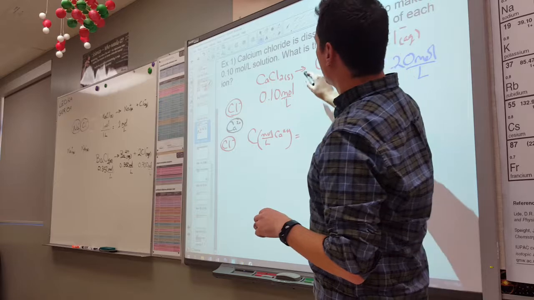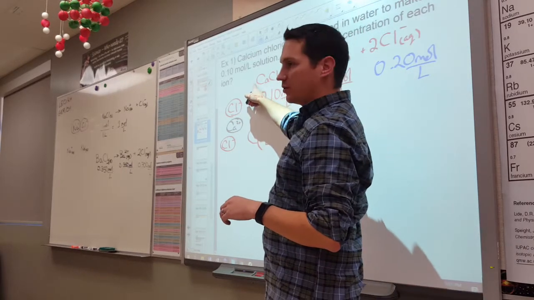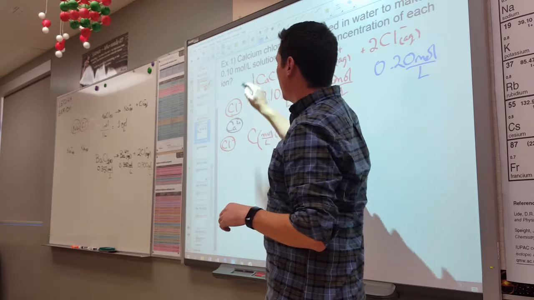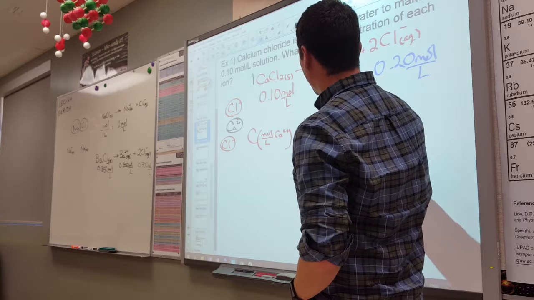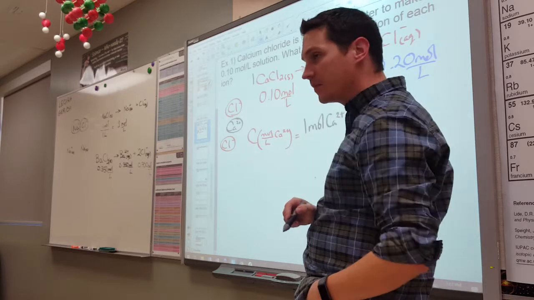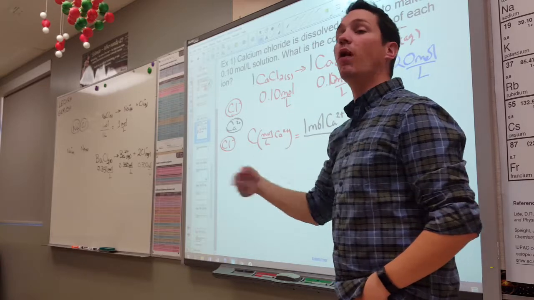What it means is for every 1 mole of this, how many moles of this are required? 1. So this is what I'm going to do. 1 mole of calcium, because that's our unknown, that's our concentration we want to get.